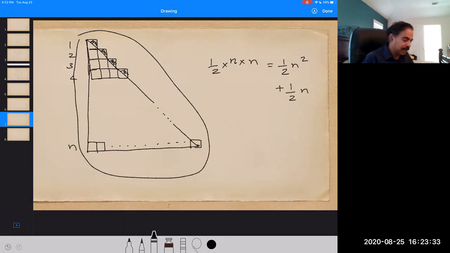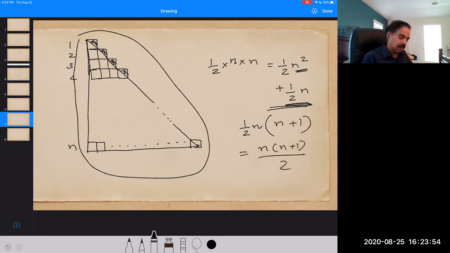And now you do the algebra. You take half n outside, then this will become n, and that will become 1, right? And so we have again n times n plus 1 by 2.